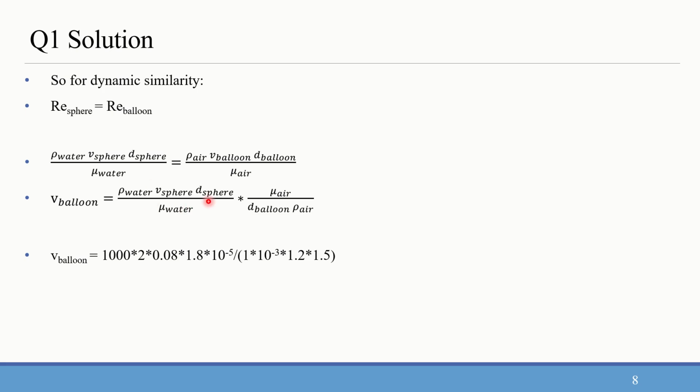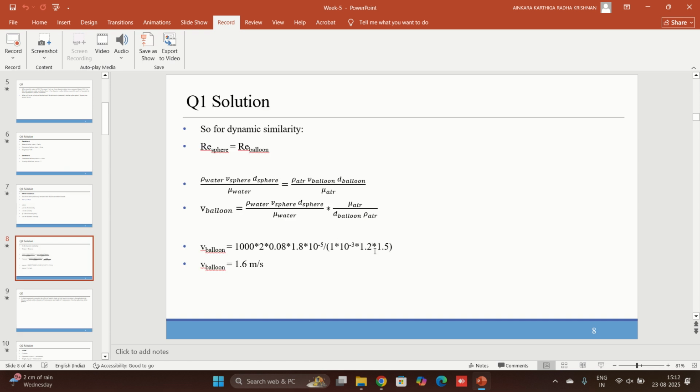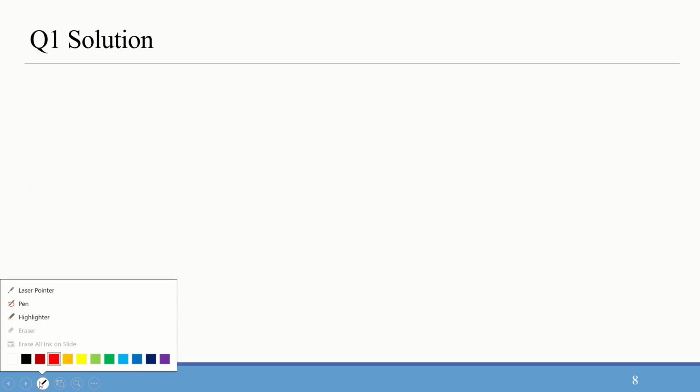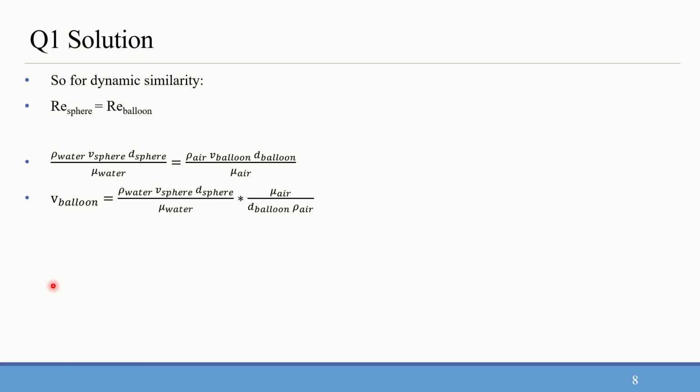Divided by mu water. Mu water we can take as 1 into 10 power minus 3, and into the diameter of the balloon, which is 1.5, and the density of air is 1.2.